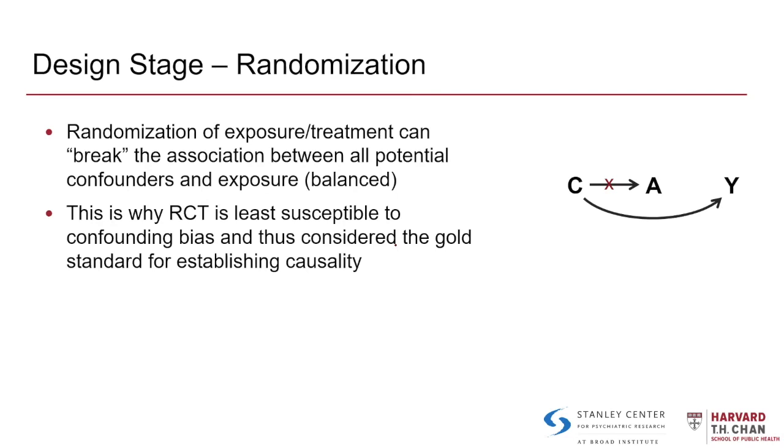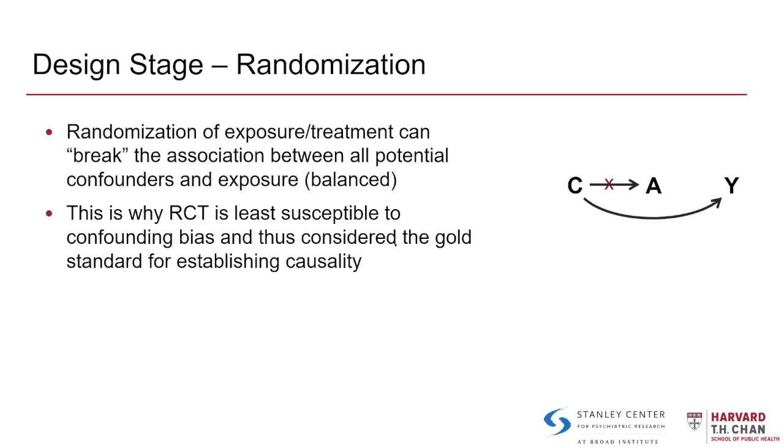This is something that we talked about in our study design lecture when we discussed randomized controlled trials. As you remember, randomization of exposure or treatment can break the association between all potential confounders and the exposure. In a way, it balances the distribution of the covariates.